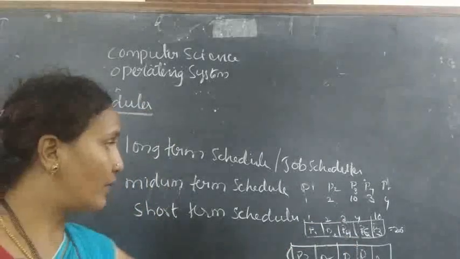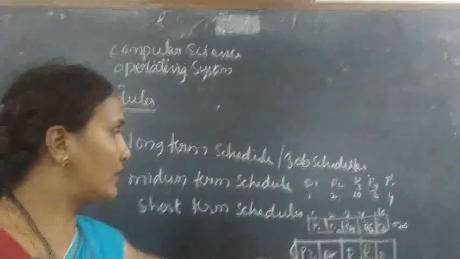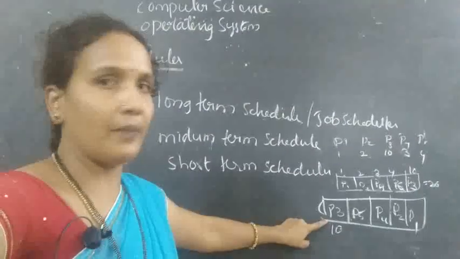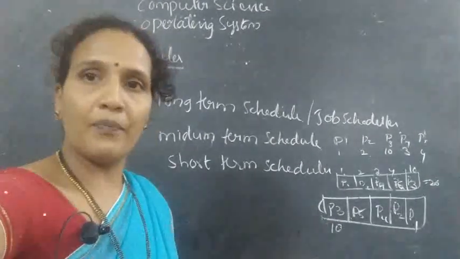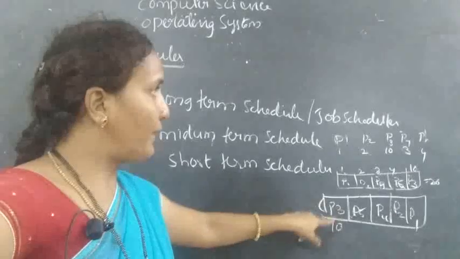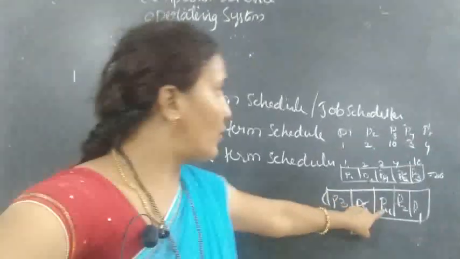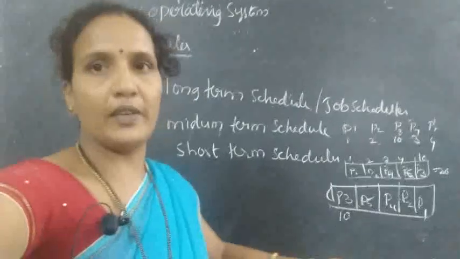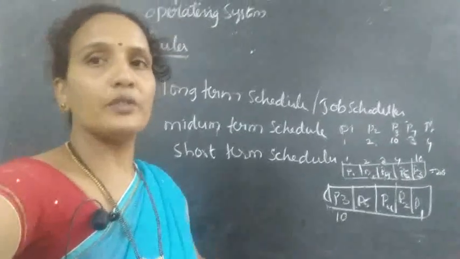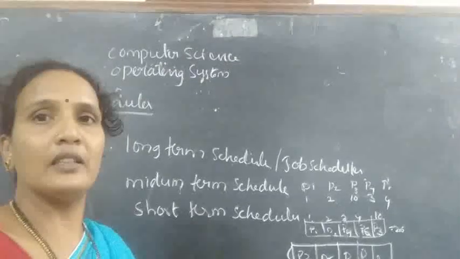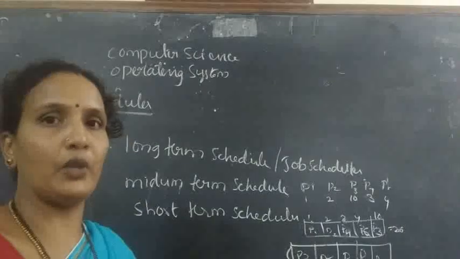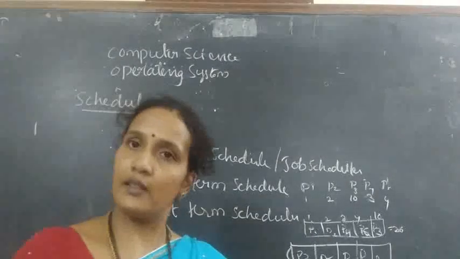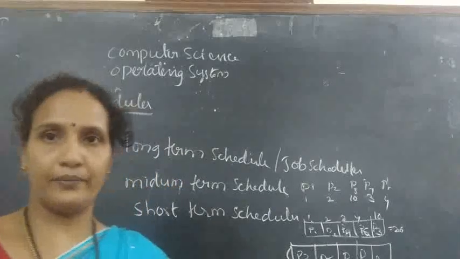But in the second example, we have loaded P3 first. P3 itself takes 10 milliseconds. So P4 is waiting for 10 plus 4, 14 milliseconds. Understood? So in order to increase the performance of the CPU, the process should not be in a waiting mode for more time.